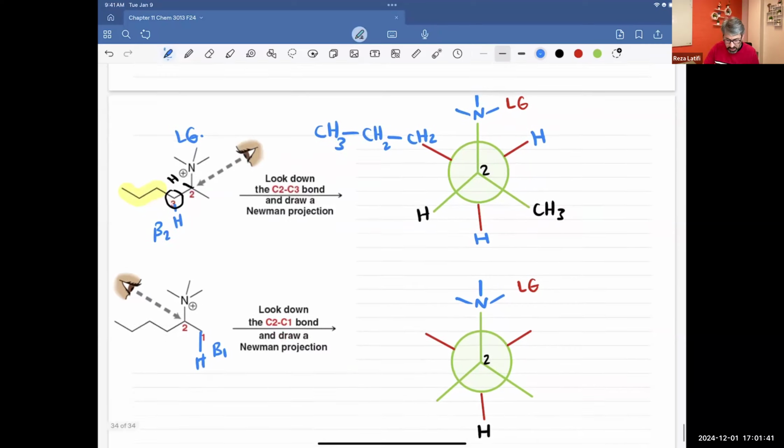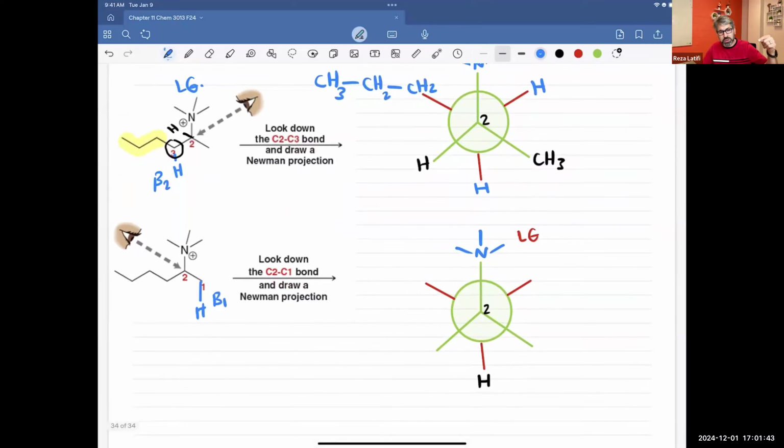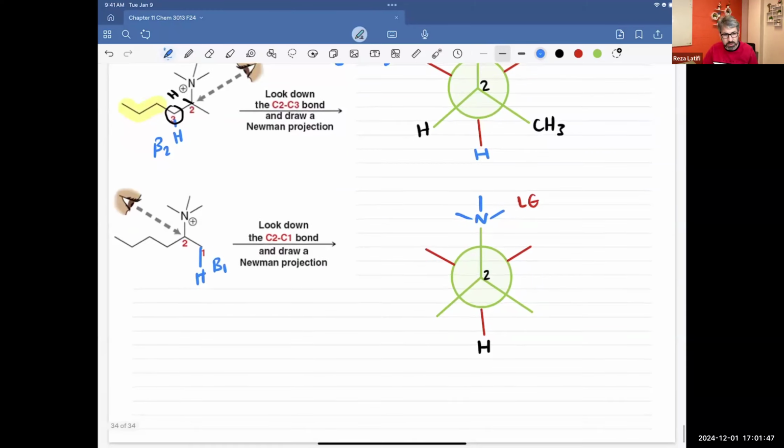That's one case. If we look from carbon number 2 to carbon number 1, the front one will be carbon number 2. On carbon number 2, we again have hydrogen and a leaving group. So one hydrogen, and then the hydrogen on carbon number 2, I'm going to put it, for example, here.